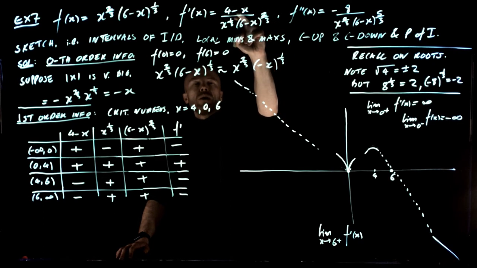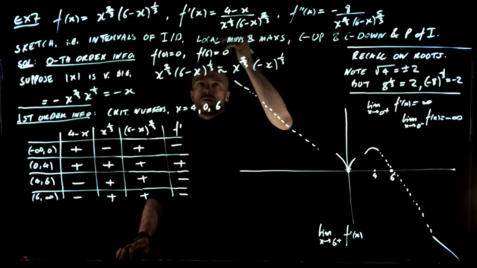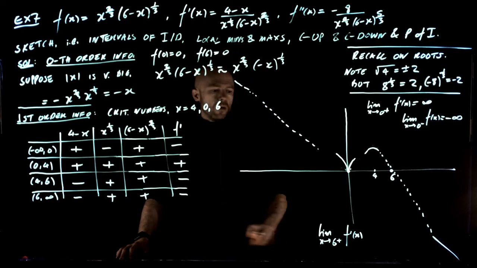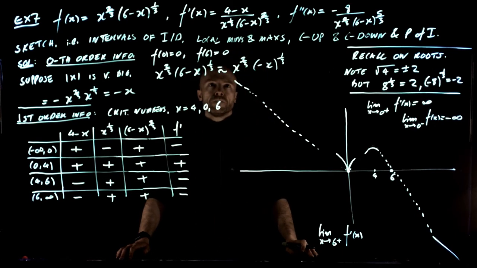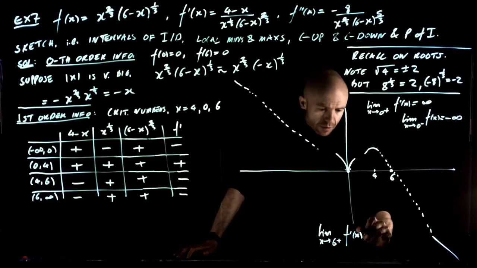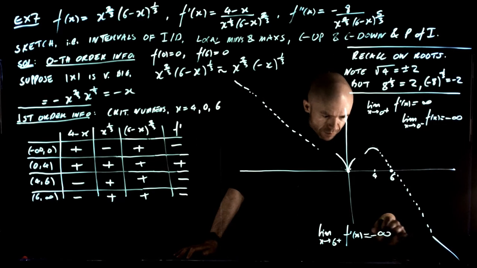So on the top here, we're going to have 4 minus 6, which is like minus 2, and this thing is just the third root of 6, some positive number. So we have minus 2 over a very small positive number, which is going to go to minus infinity.